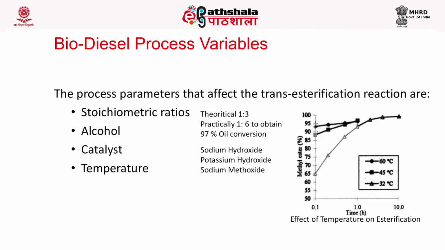But as is clear from the graph, in the initial stages, the rate of conversion of oil into ester is slow at lower temperature as compared to the high temperatures, but after a period of 4 hours, the total production is normally the same at all the temperatures.